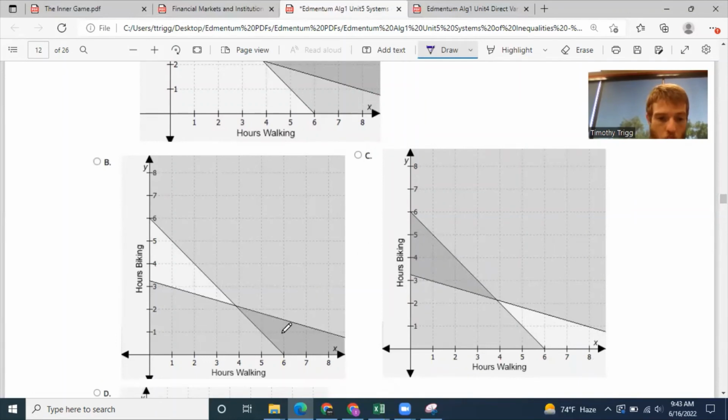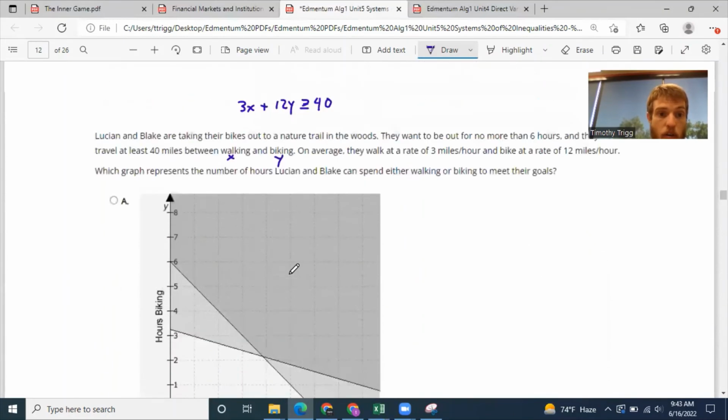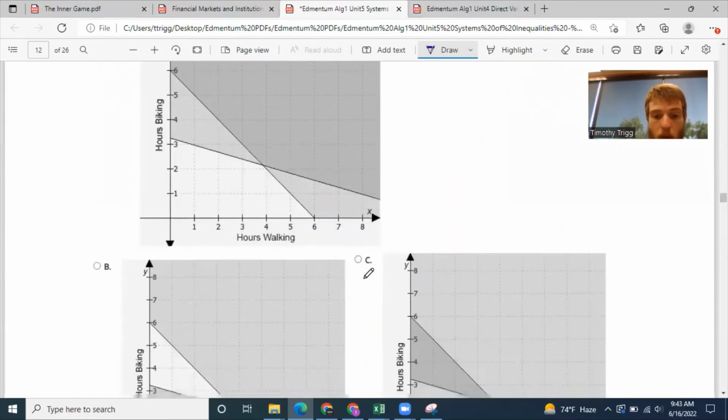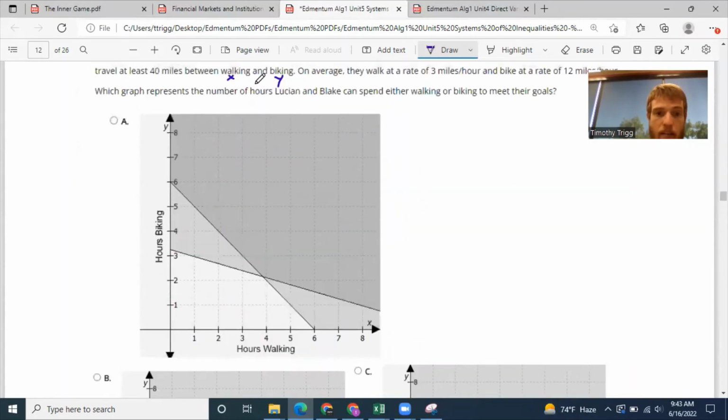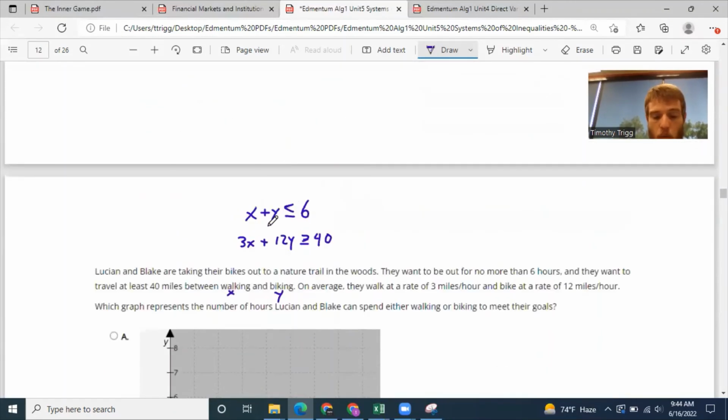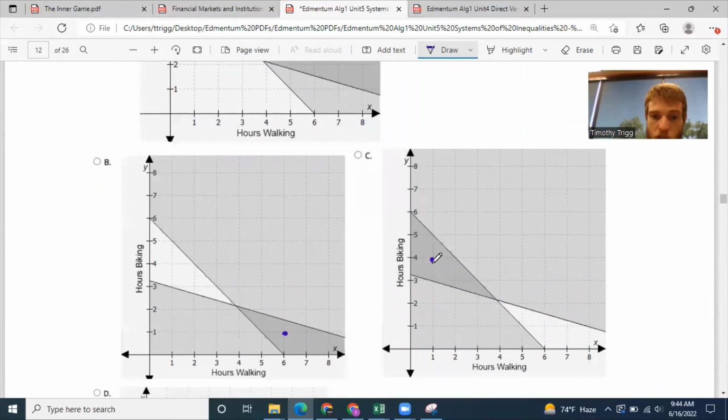So you could try this test point like 6, 1 and see if it works for both inequalities. You could try a test point here, so 1, 4, for example. And you could try a test point from over here, say 4, 4. You don't have to use the point that I did, but it has to be from the shaded region if you're doing test points.